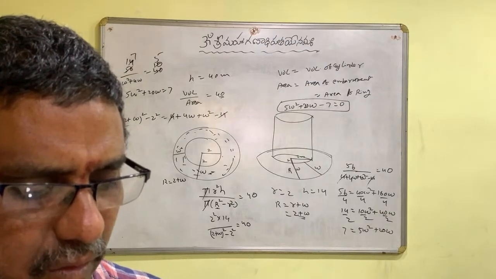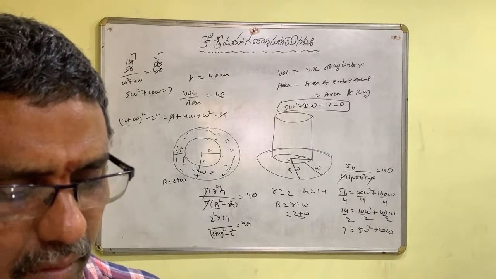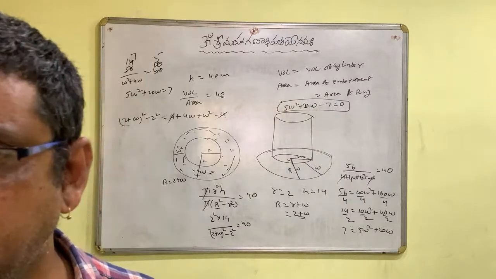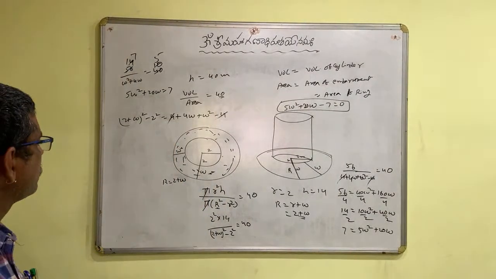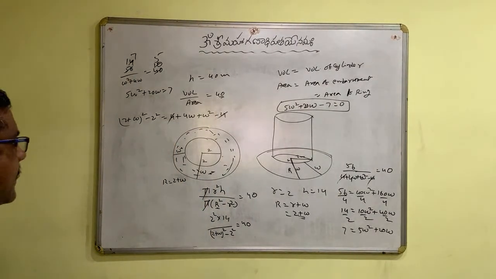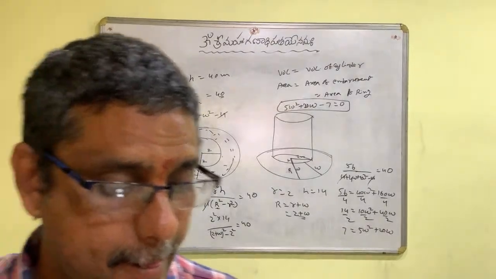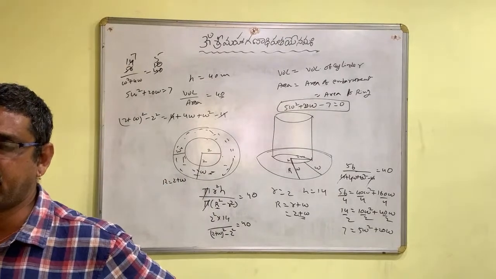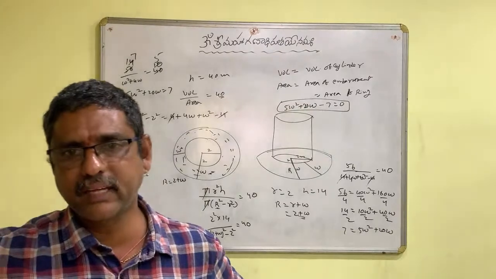The earth is taken out, is spread evenly all around the well to form 40 meters of high embankment. Then you need to apply the quadratic formula to find out the width. Procedure is same. Volume by area. Volume of the earth that is taken out is nothing but volume of cylinder, pi r square h.